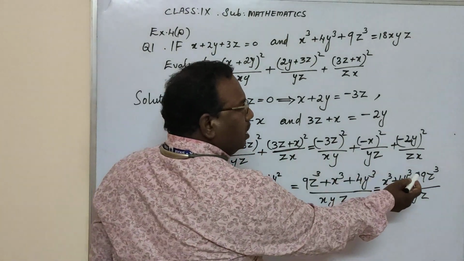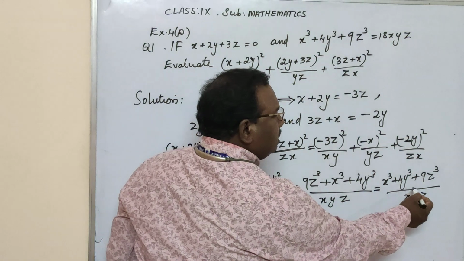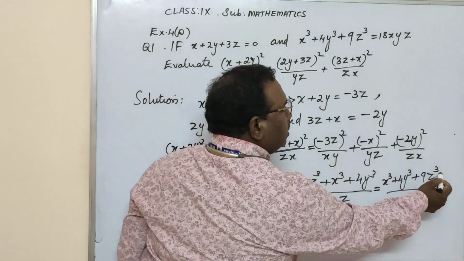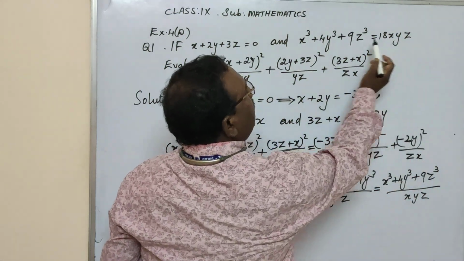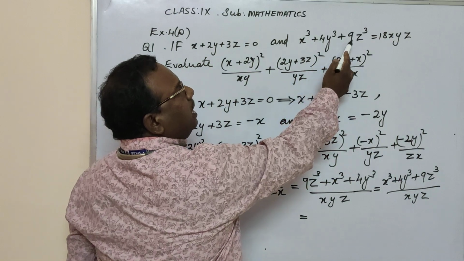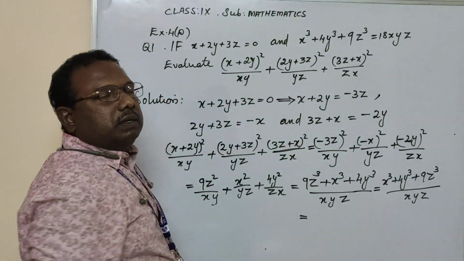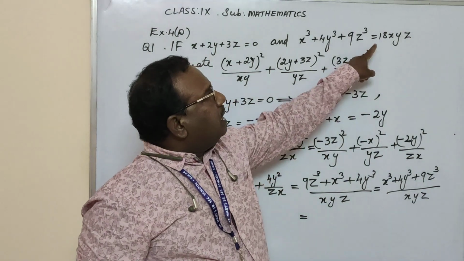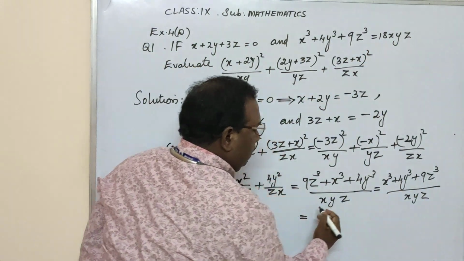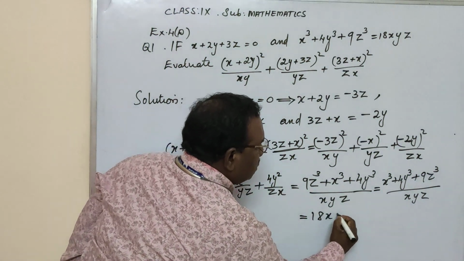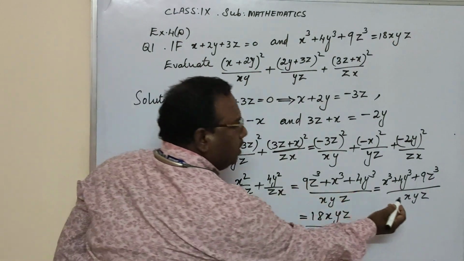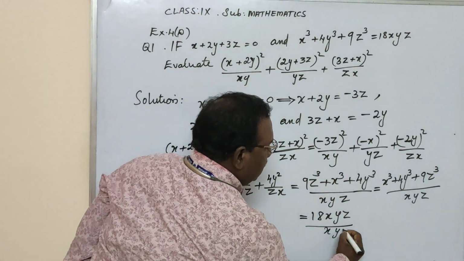Now, when you look at the numerator of this term, x cube plus 4y cube plus 9z cube, its value is given in the question, that is 18xyz. So we can write this numerator becomes 18xyz divided by the same denominator xyz.